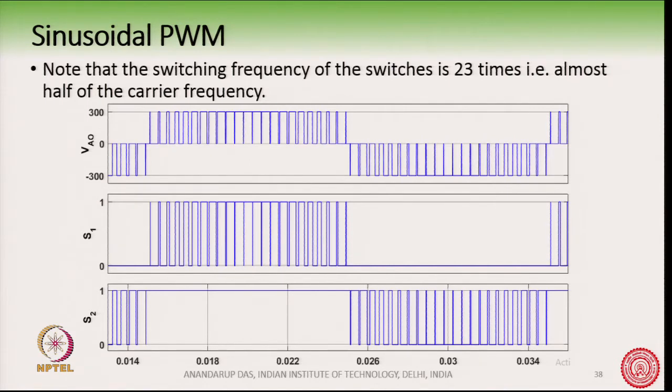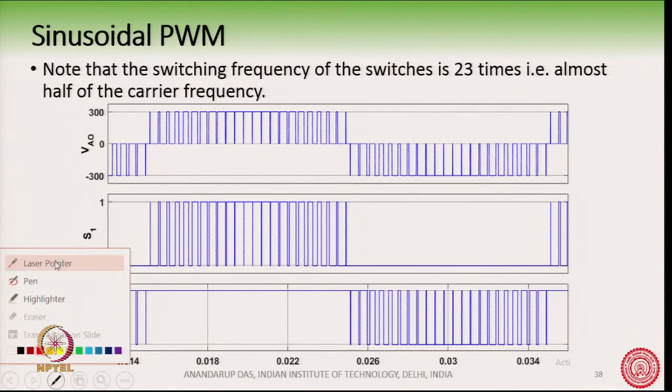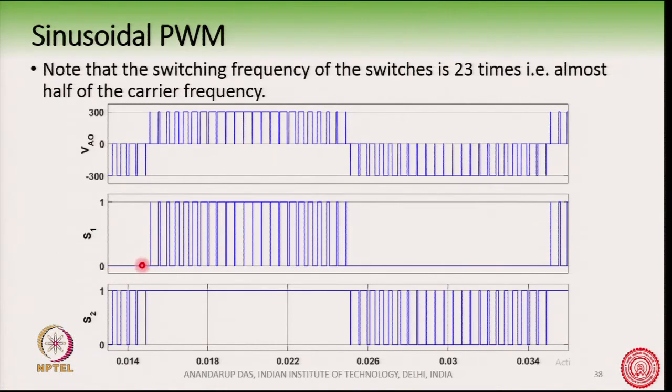If you see here, for example, VAO is between 0 and Vd by 2 here, and then it is between 0 and minus Vd by 2 here. So, S1 is switching throughout this time while S2 is fully turned on, because we are taking the plus level here, plus 0.